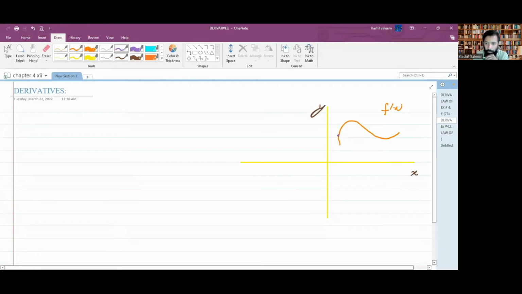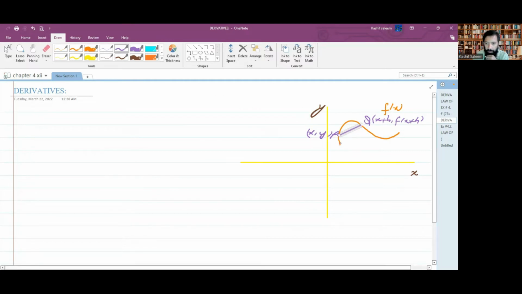Let's take point P here, and this is point Q. The coordinates of Q are x plus h, comma f of x plus h, and this is point P, and the coordinates of P are x comma y. Now we want to calculate the gradient of this line PQ, which is a secant line.